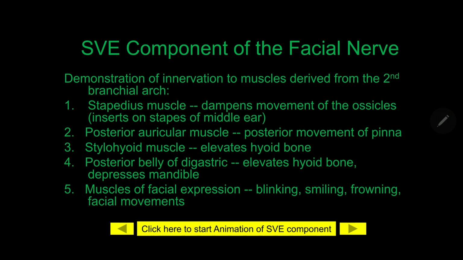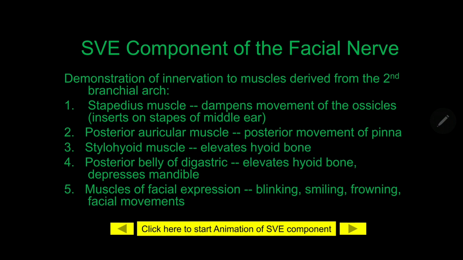Got it? And imagine what happens if the stapedius is paralyzed? There will be hyperacusis, meaning normal sounds will be heard very loud. Even whispering you can hear easily. Got it? Okay.